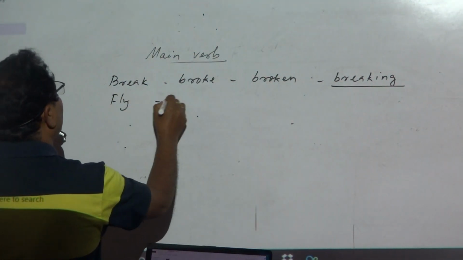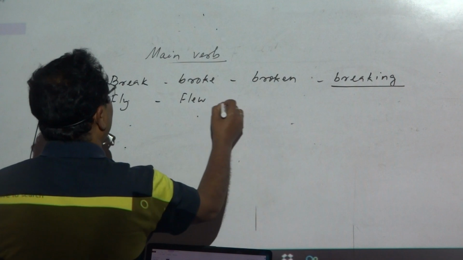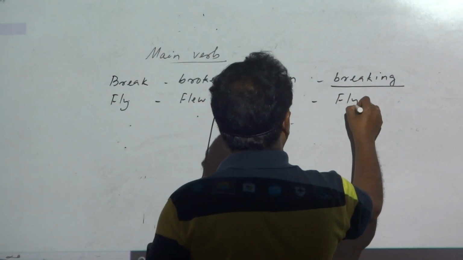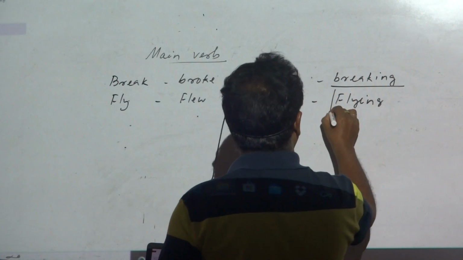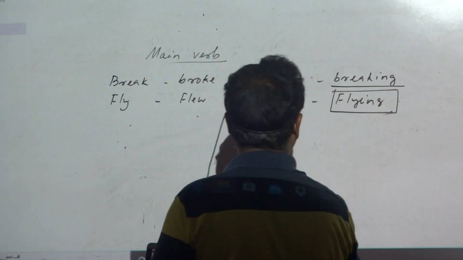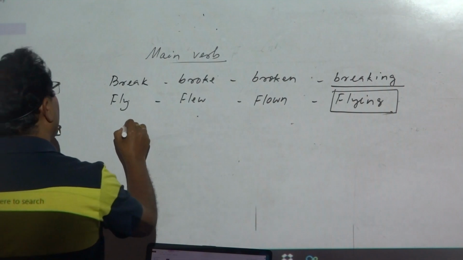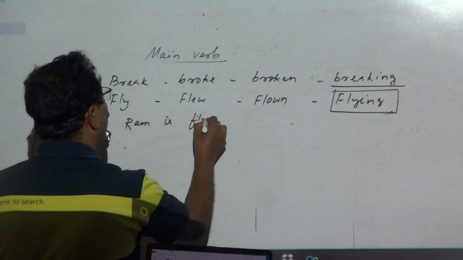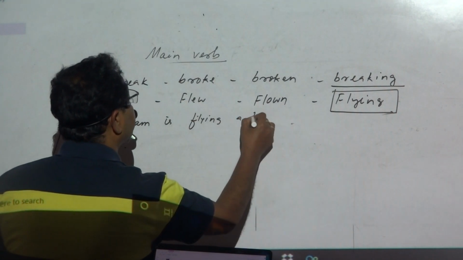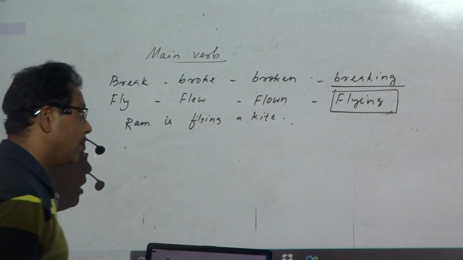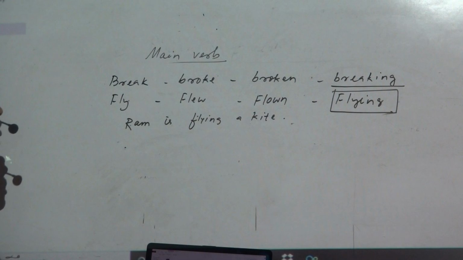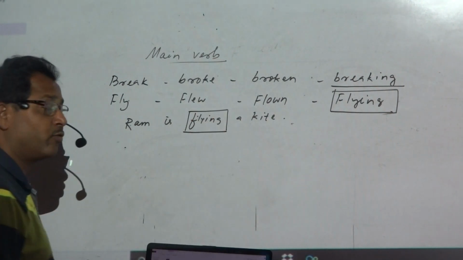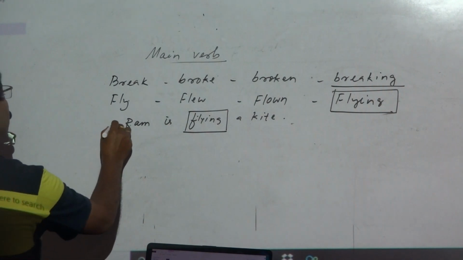Fly, flew, flown, fly. Okay, look at the word fly. Let me give the example. Ram is flying a kite. Look at the flying. It is a verb.